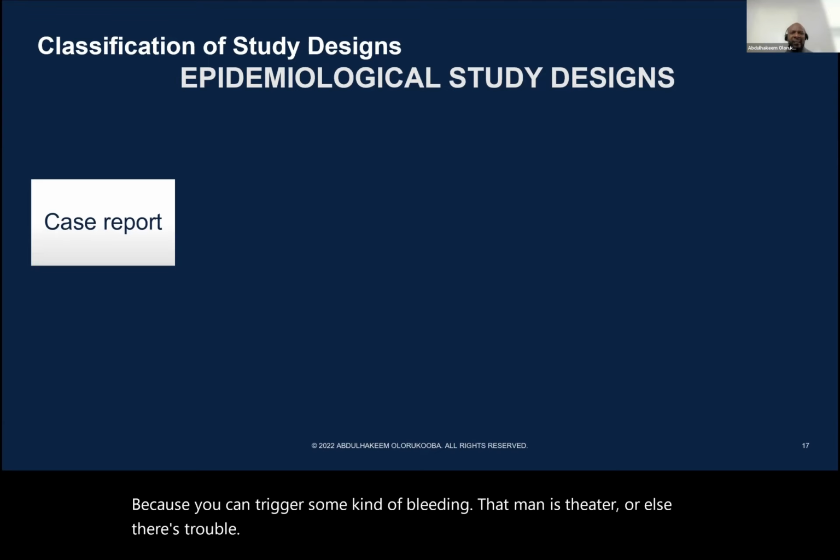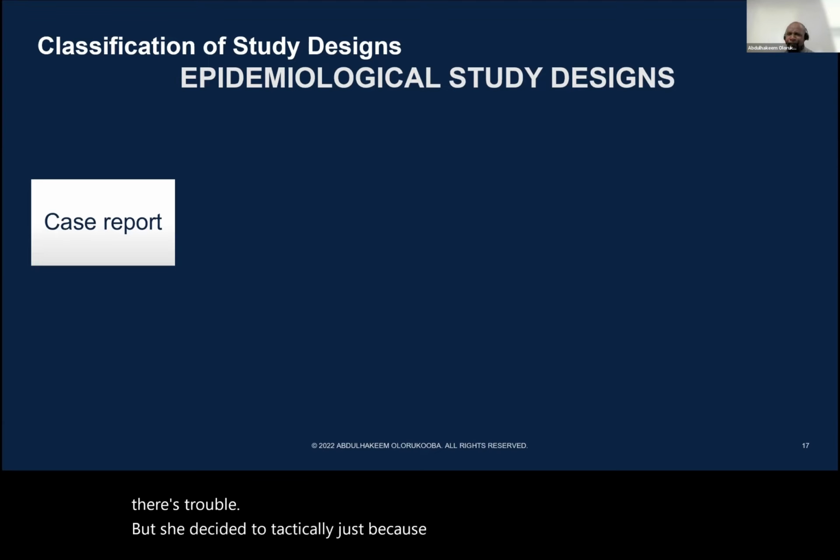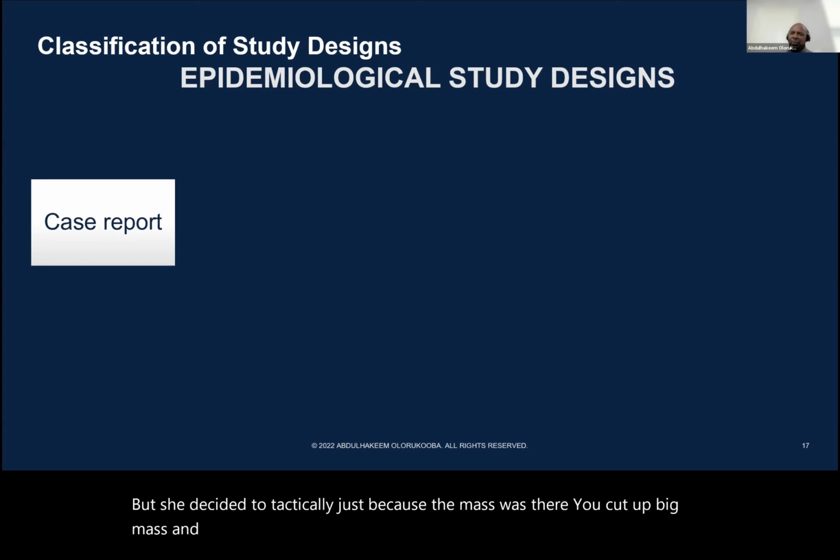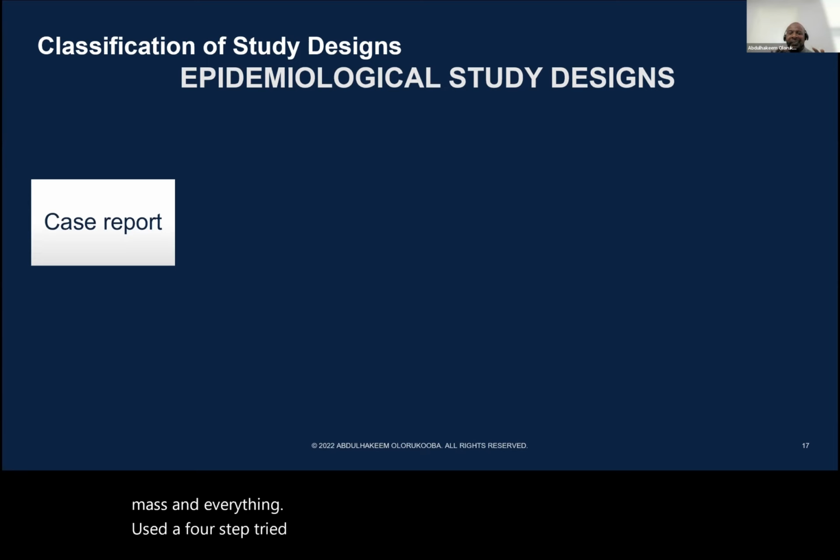But she decided to tactically, because the mass was there, use a forceps, gently, just not to provoke any further bleeding. And when she pulled out, she felt something hard. What can that be?